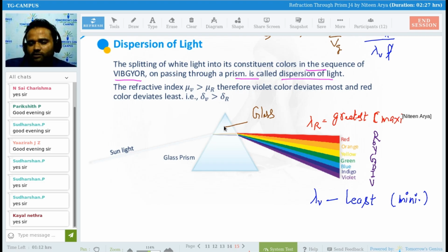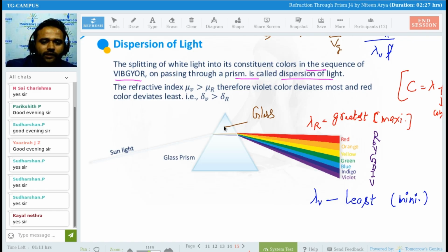Max means maximum. And we know C is lambda into f, where f remains constant for refraction. Clear? So as you can see, lambda R is greatest and lambda V is least. So automatically, the refractive index is mu equals lambda of air divided by lambda of the particular color.